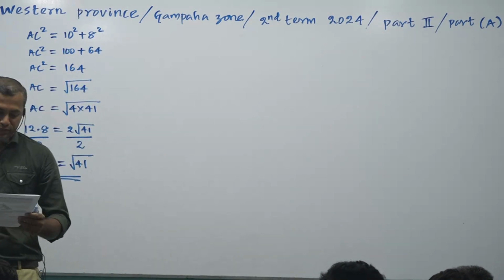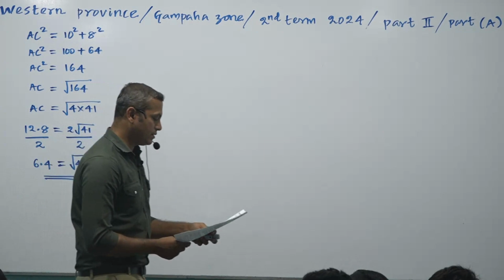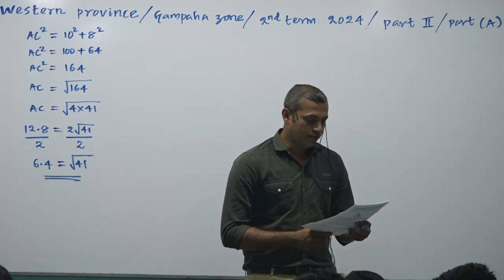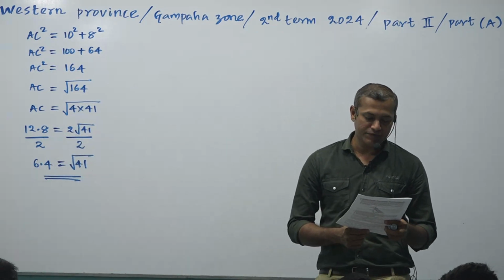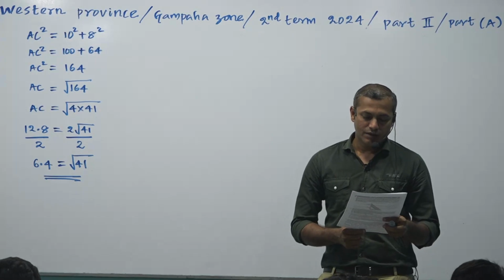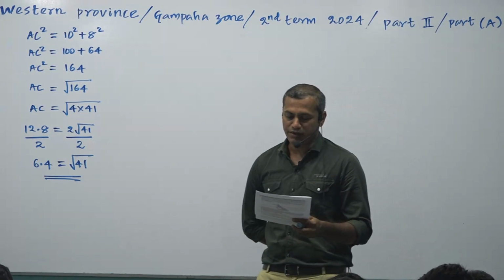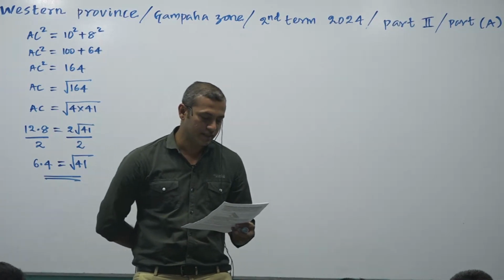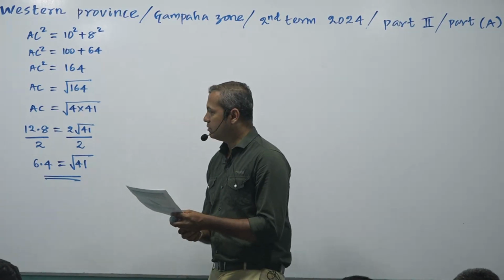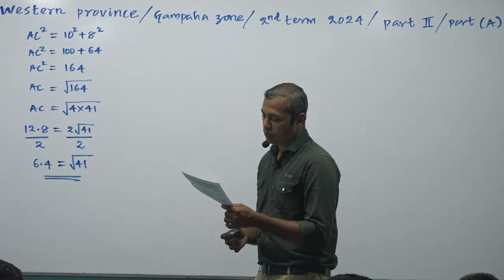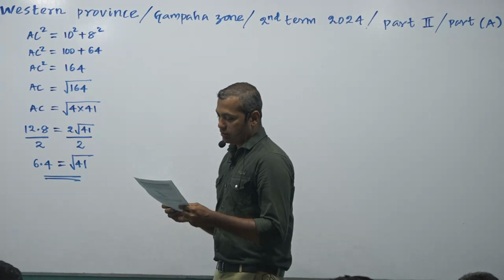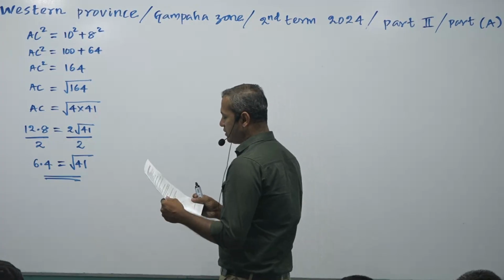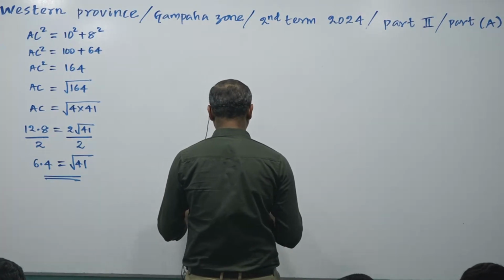It's under volume of solids. A block of lead in the shape of a cuboid with width x centimeter and height x centimeter and the length 27.3 centimeter is melted to form a cone whose radius to height is 3:7.